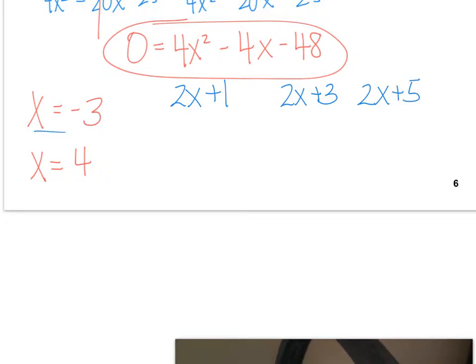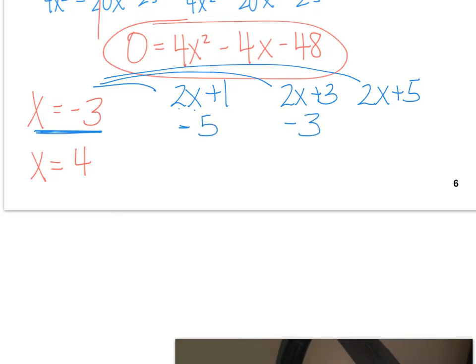If you take our answer of x equals -3 and put it into each one of those, you're going to get, so 2 times -3 is -6, plus 1 is -5. Here you're going to get a -3 and a -1. So there is one option of 3 consecutive odd integers that would fit that criteria.